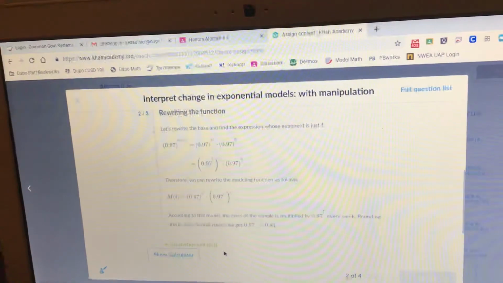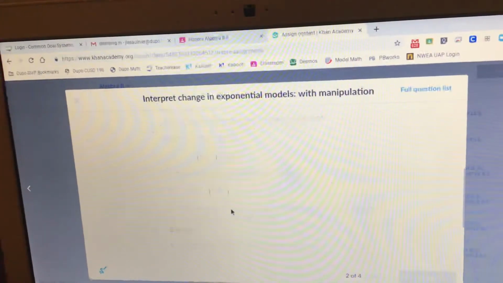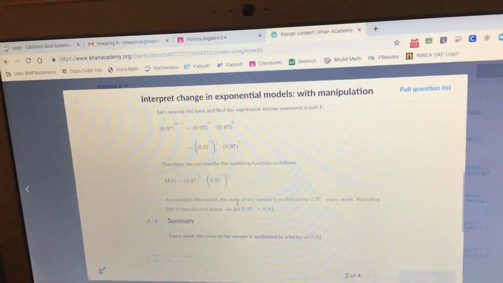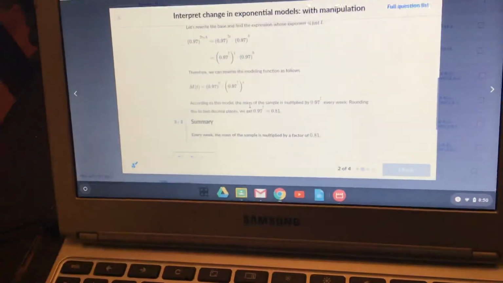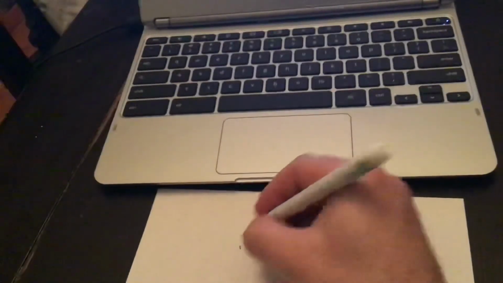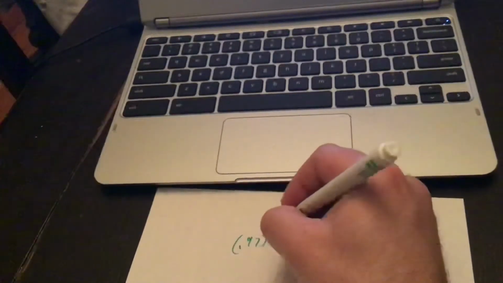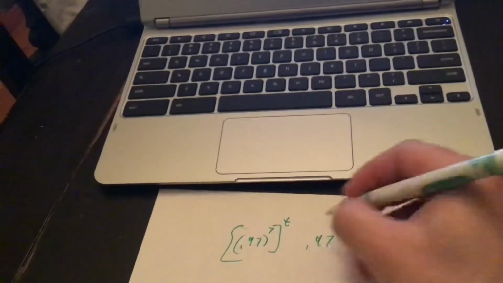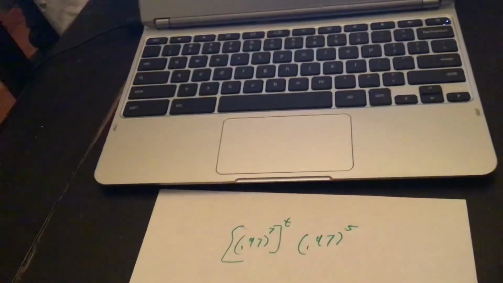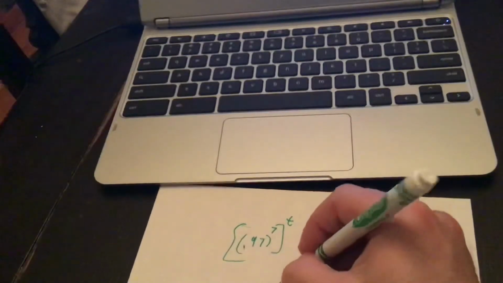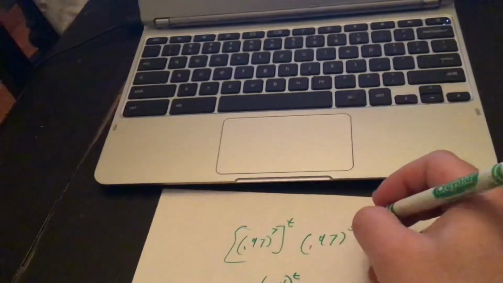If I'm still stuck, let's take a look at the last hint here. Basically, I'll show you what this would have looked like if they'd rewritten it out. I had 0.97 to the 7th to the t and 0.97 to the 5th. That turned into 0.81 to the t and 0.97 to the 5th.